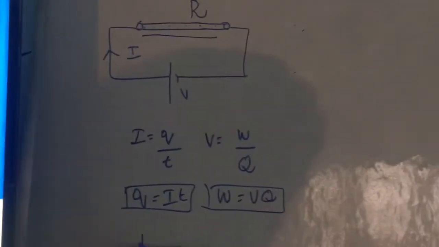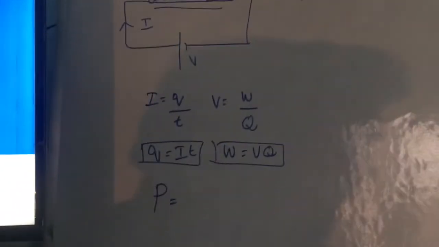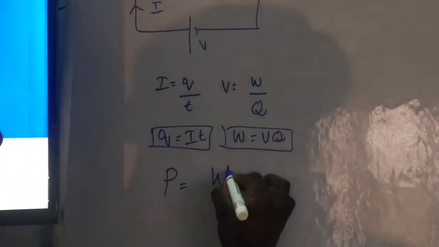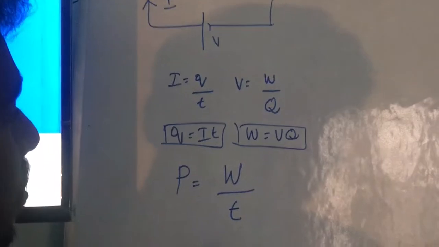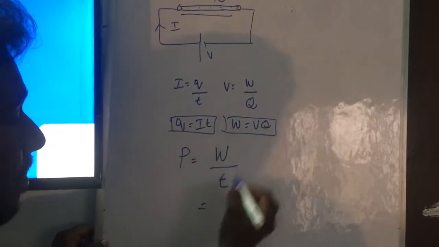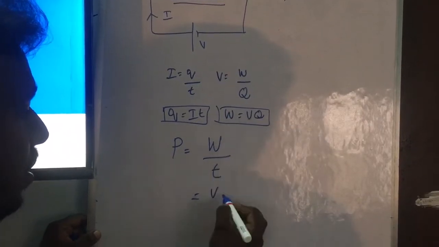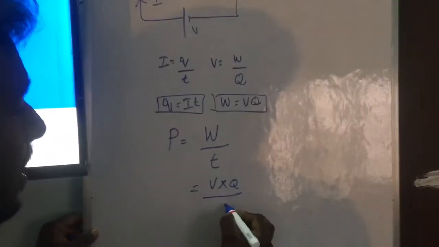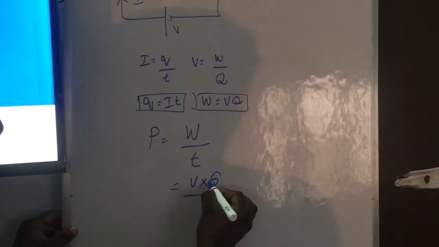What is power? By definition, power is nothing but work done by time taken. So what is work done? I can write work done as voltage into charge, divided by time. So what is Q by T?